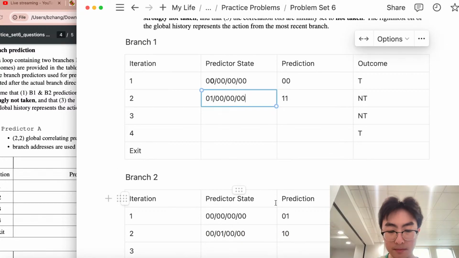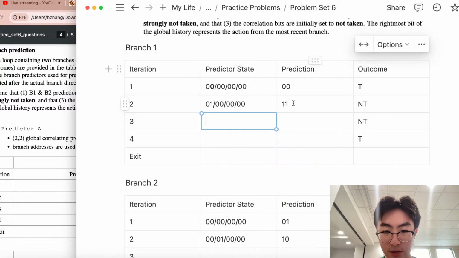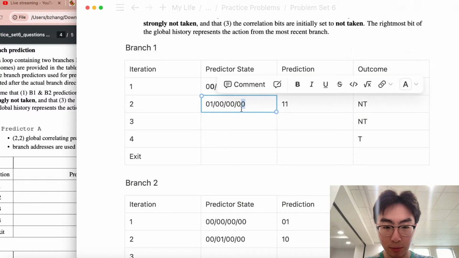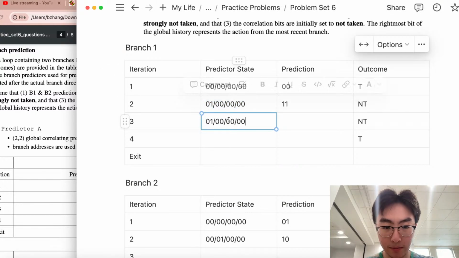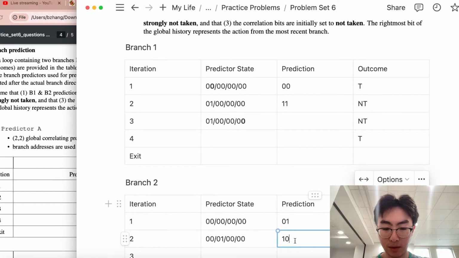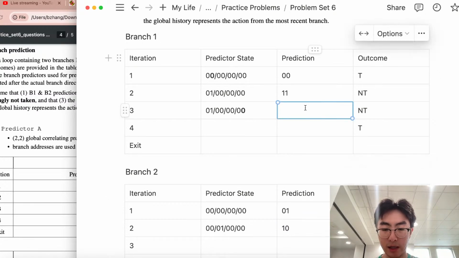Okay, we could do this. We've indexed in iteration 2 by 1, 1. So this will change the rightmost bit in this, which is just 0. So it stays the same. And then now we could take the prediction from this global predictor, global correlation bits, and then we see that this is also not taken as well.